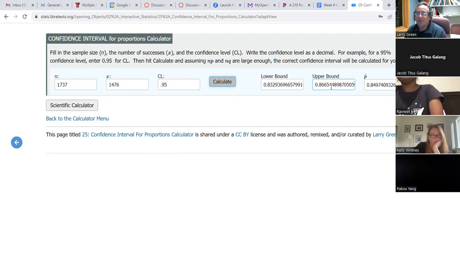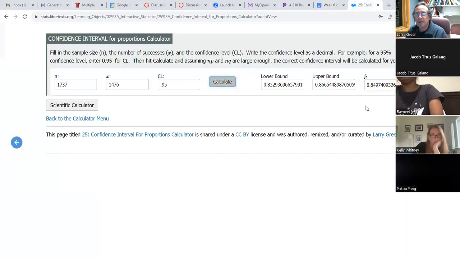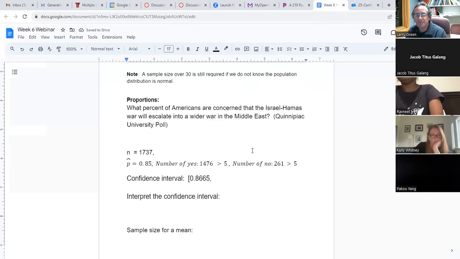So 0.8665, comma, 0.88497. So the margin of error is not that big.